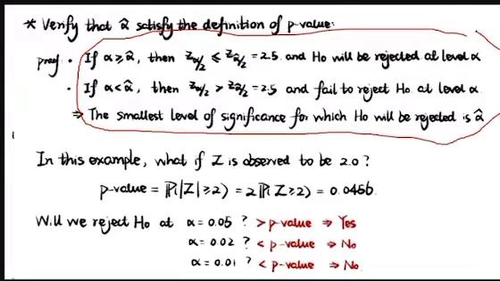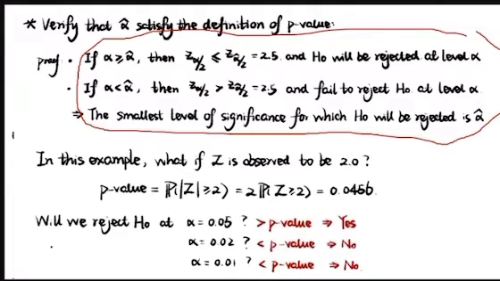Of course, that is going to happen, and we're going to fail to reject. Therefore, the smallest level of significance for which H naught is rejected is alpha cap. That is why I told you the other time we're looking for the smallest. The p-value is the smallest level of significance for which the null hypothesis should be rejected.